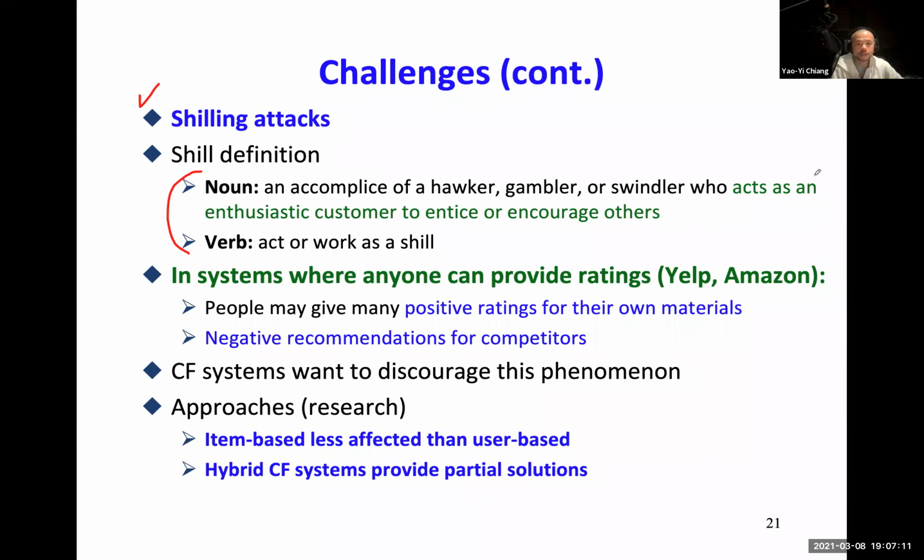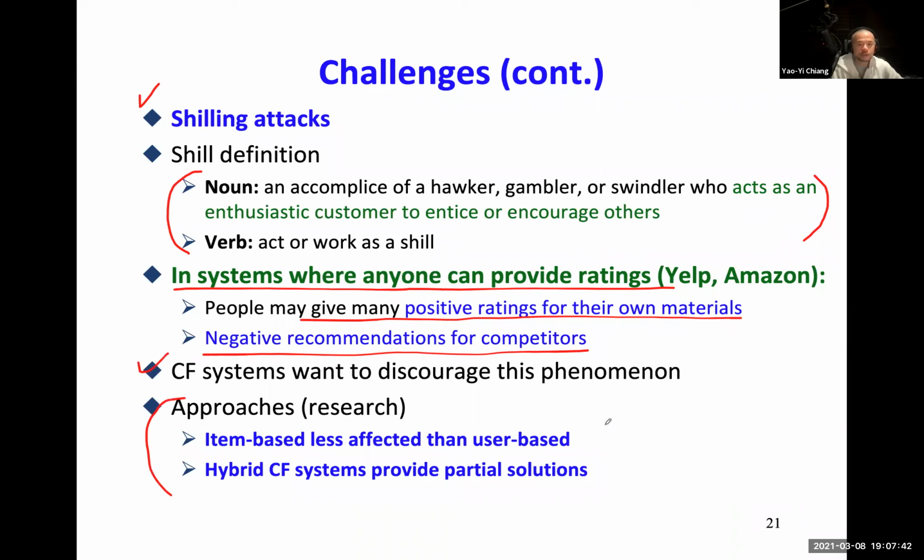In systems where anyone can provide ratings, you might have someone that would attack the system to benefit from the attacks. For example, people give positive ratings for their own materials. People give negative recommendations for competitors. Your CF system wants to discourage this.